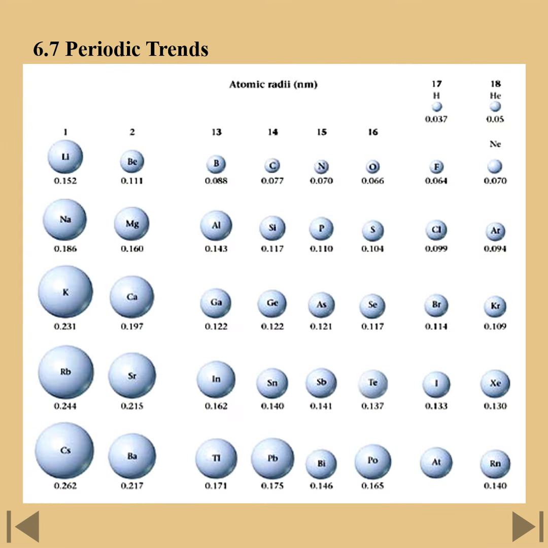And here are some examples of some atoms, and we can see indeed that we have our smallest atoms up and to the right. We indeed got smaller as we proceeded to the right across a period.